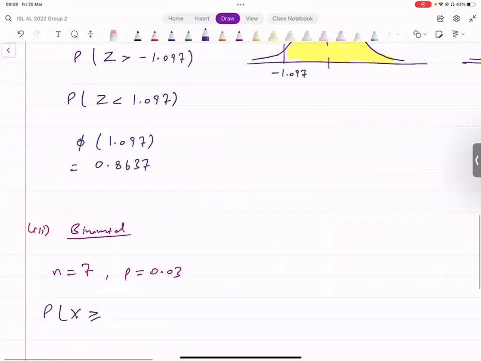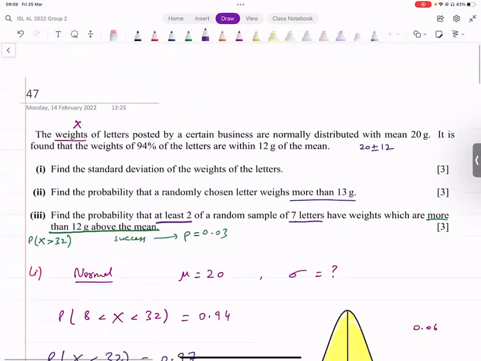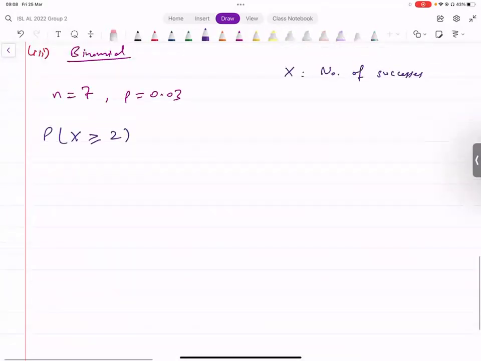X greater than or equal to 2. ये probability find करनी है. उसमें X से हमने क्या represent किया? Number of letters या number of successes basically. Successes का क्या मतलब है? Number of letters that have weights more than 12 grams above the mean.